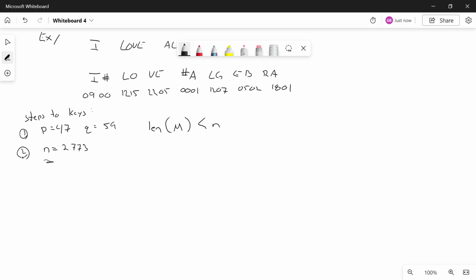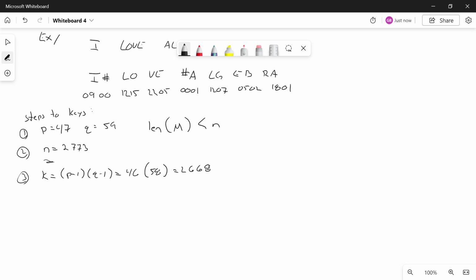Step 2 is calculating our N. Step 3 is K, which is equal to P minus 1 times Q minus 1, or the product of the two, so that is 46 times 58, which works out to 2,668. Obviously, this is an even number, so it is not prime.